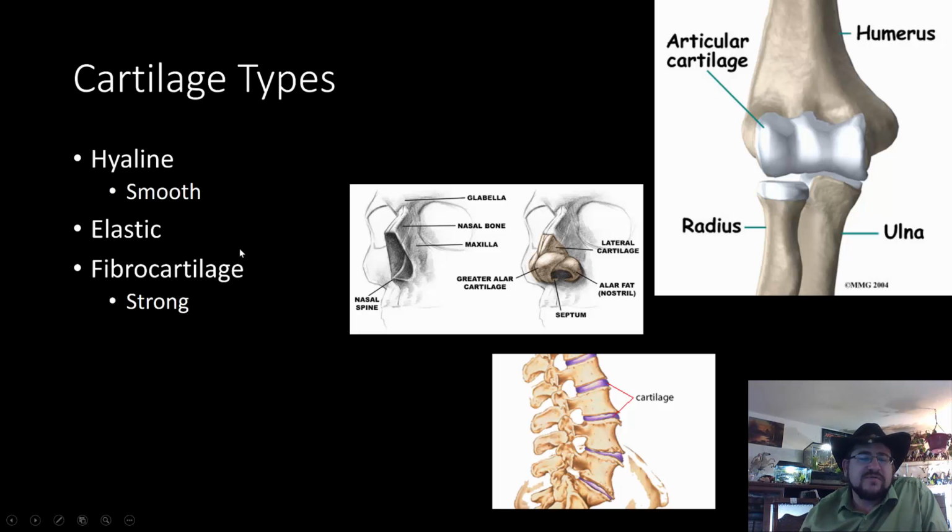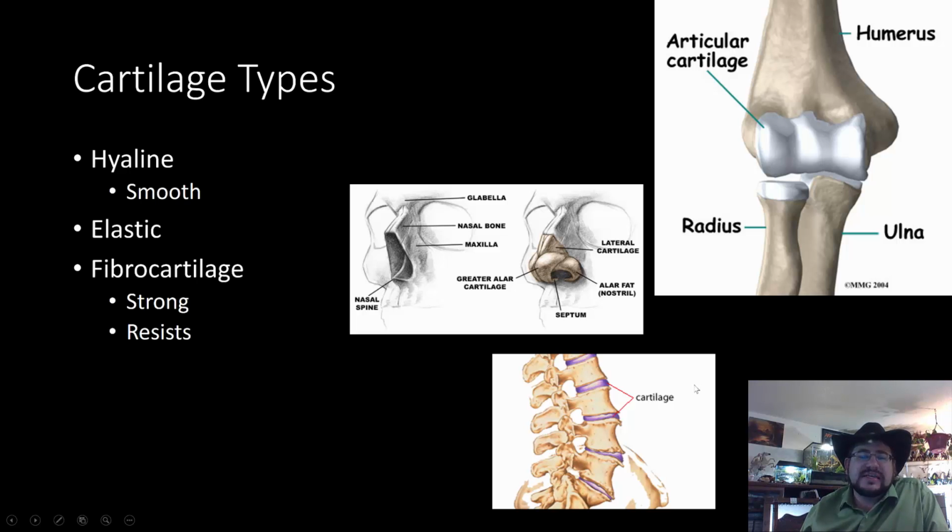The whole function of fibrocartilage is to resist pressure, which is why the intervertebral discs are made of fibrocartilage. Gravity and movement provide significant amounts of pressure between your vertebrae. So you have those pads, those discs of fibrocartilage providing resistance to the pressure.